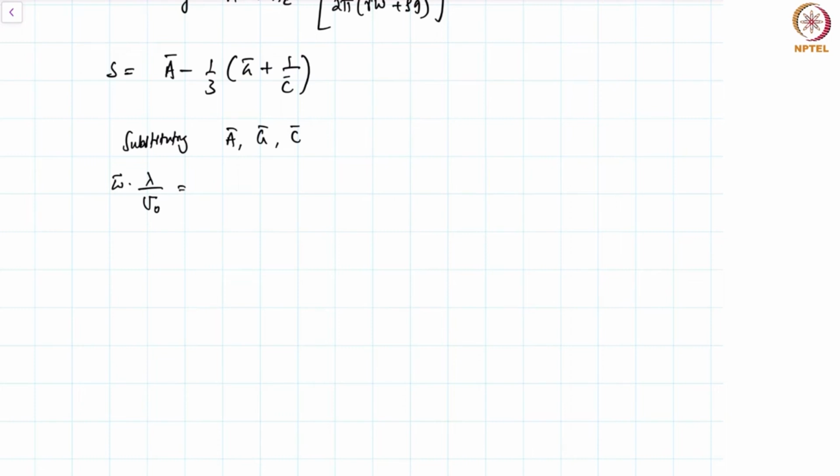This will be equal to A epsilon by 6 by mu u naught h0 square minus 1 by 3 G, which becomes epsilon rho G h0 square by mu u naught, plus epsilon cube gamma by mu u naught.